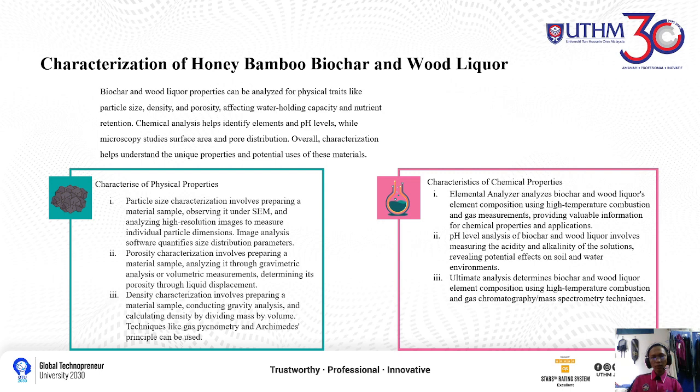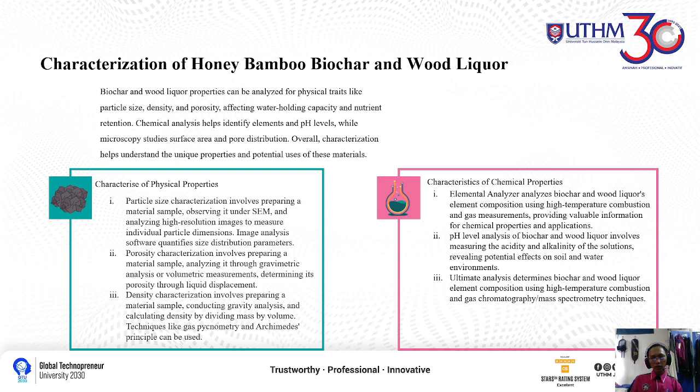Characterization of chemical properties. Element analyzer analyzes biochar and wood liquor's element composition using high temperature combustion and gas measurement, providing valuable information for chemical properties and application. pH level analysis of biochar and wood liquor involves measuring the acidity or alkalinity of the solution, revealing potential effect on soil and water environment.